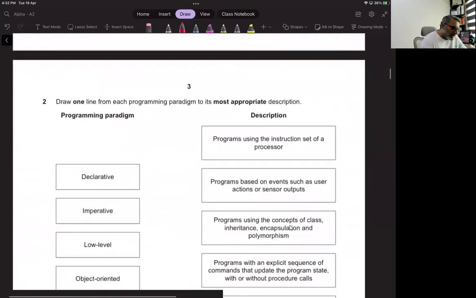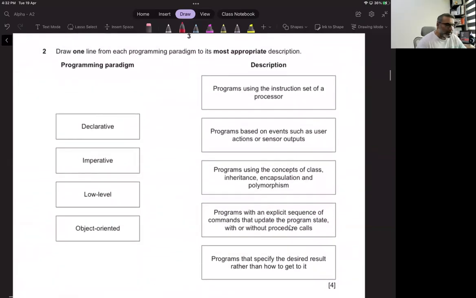All right. Now, draw one line from each programming paradigm to its most appropriate description. Remember, we have studied four programming paradigms: declarative, where we use facts and rules; imperative, whatever that you have done in P2, that was all imperative; whatever that you have done in low level as far as the opcode and operands are concerned, that is low level in chapter 4.